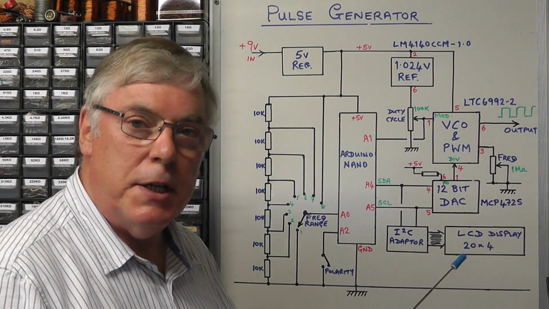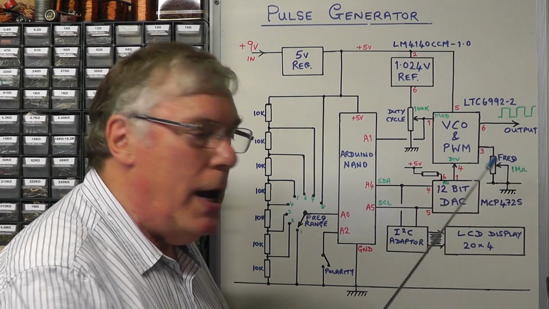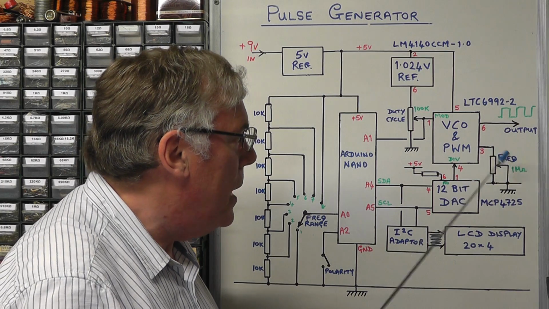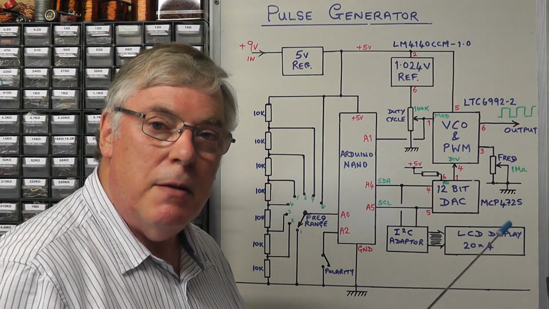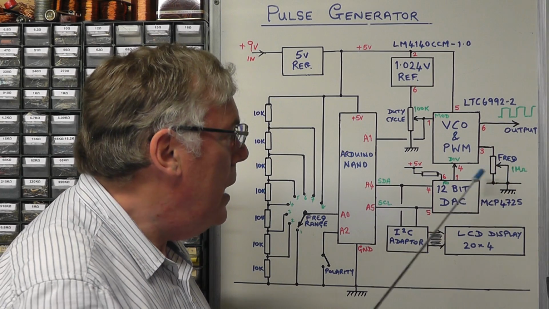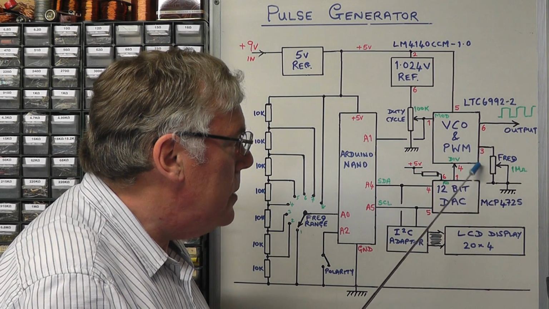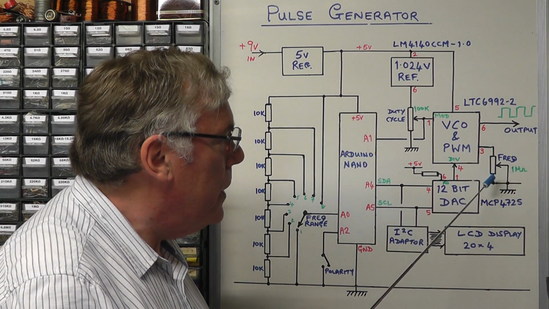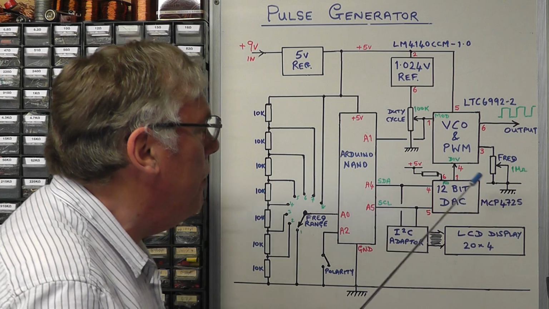I'll have a series resistor that will limit the bottom range to 50k, so I'll probably put a 51k resistor in series, and then to restrict the maximum resistance value to around 800k, I'll put a 3.9 megohm resistor across the potentiometer, and we'll see how that functions.